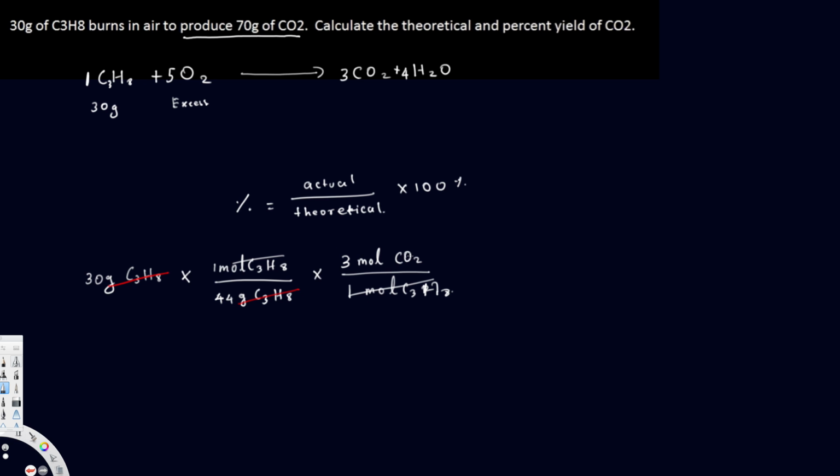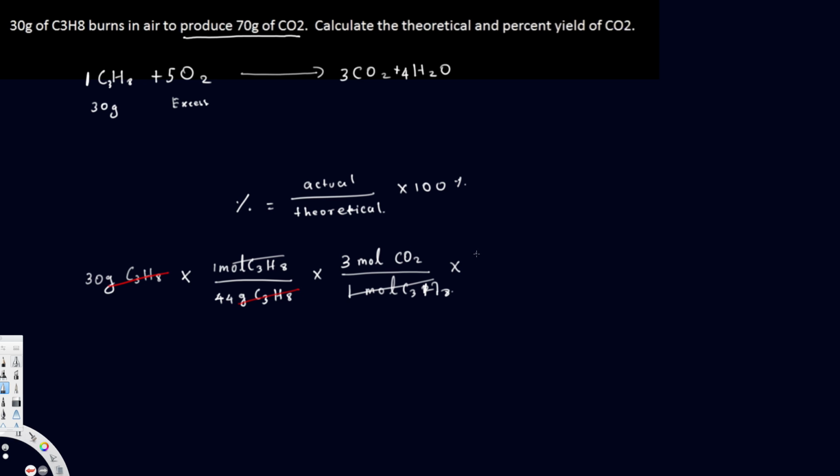Now we have to find the gram of CO2. We have the mole of CO2, but we have to find the gram of CO2. To find the gram of CO2, I simply multiply by its molar mass. So I have to put it in such a way that it will cancel mole and give the grams of CO2.